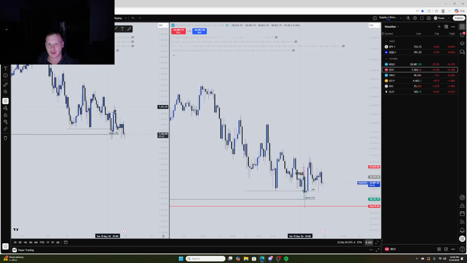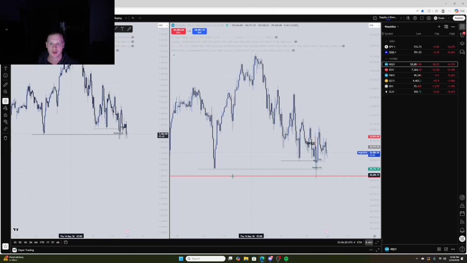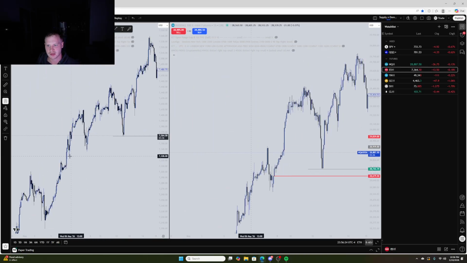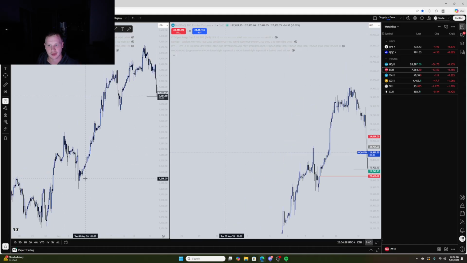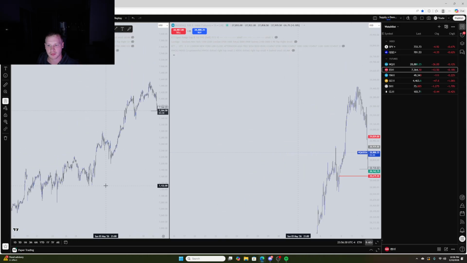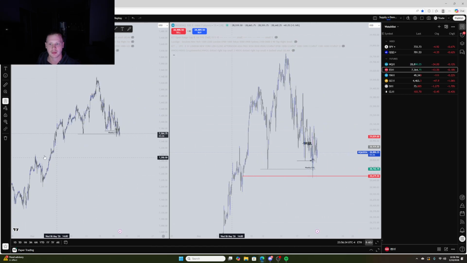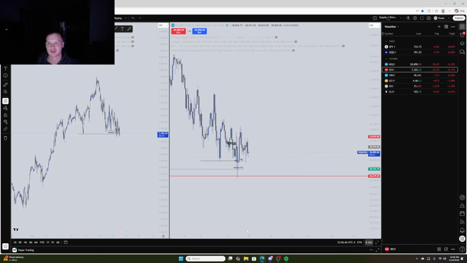We have a lot of low resistance liquidity built up, here and here. It's very hard to be extremely bearish, but I'm just trading what price gives. I can definitely see price coming back down here, getting some sort of SMT, and finally pushing higher since we're at all-time highs.